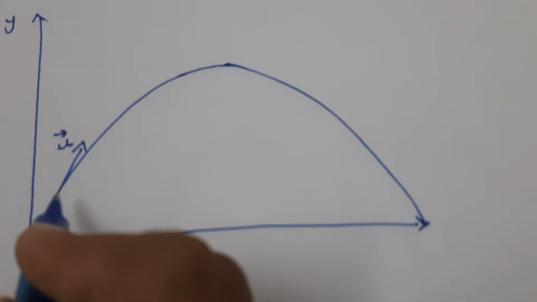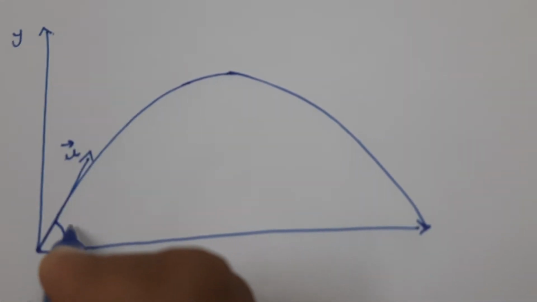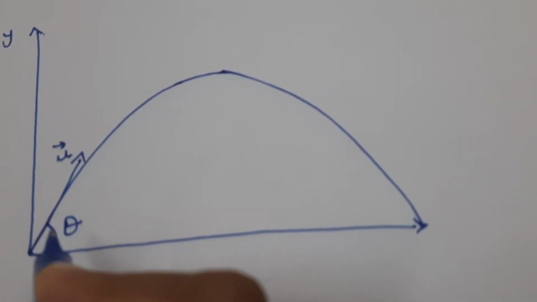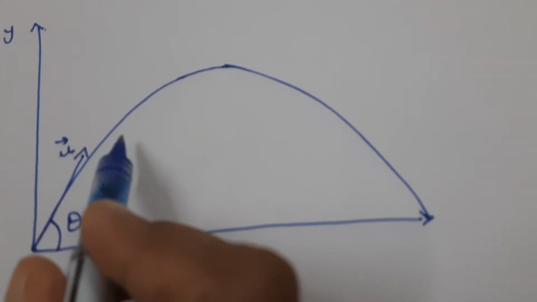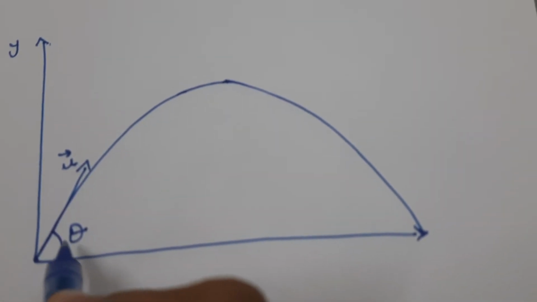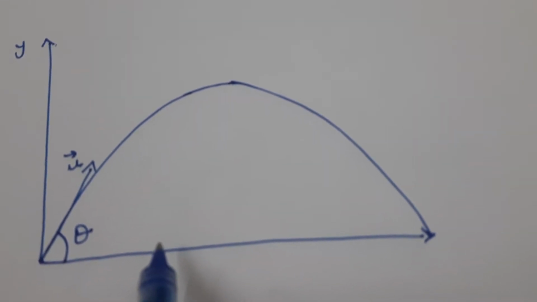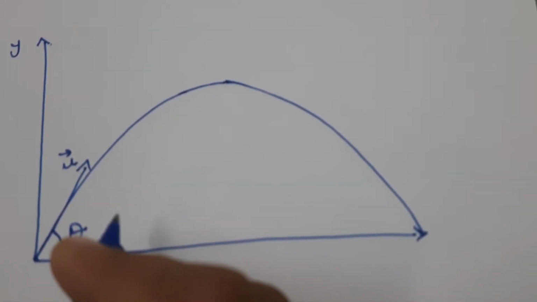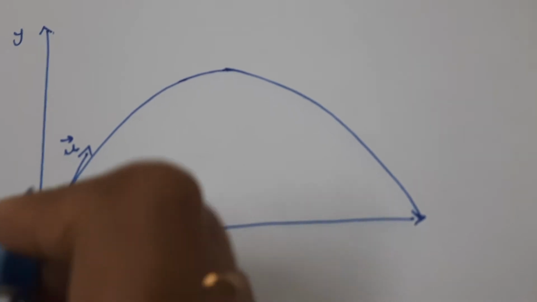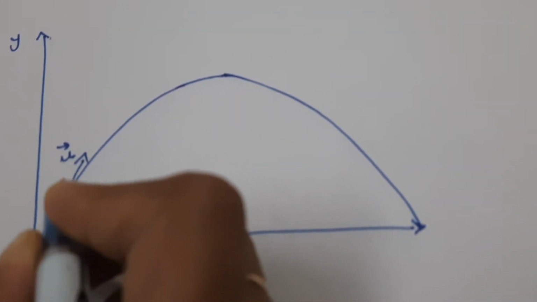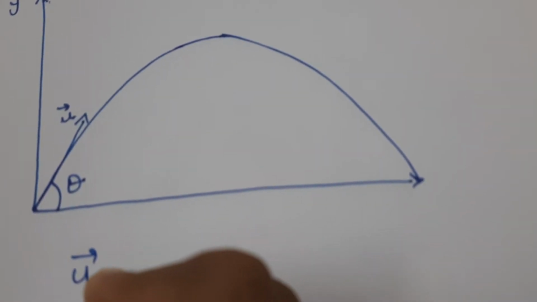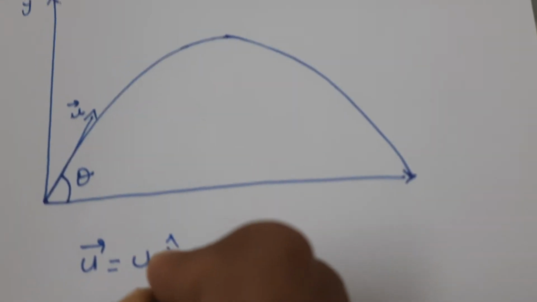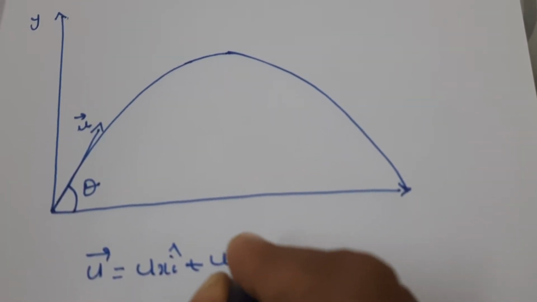Here, this is an angle theta. So, an object is thrown with initial velocity u vector at an angle theta with the horizontal. Now, this initial velocity can be written as ux i cap plus uy j cap.